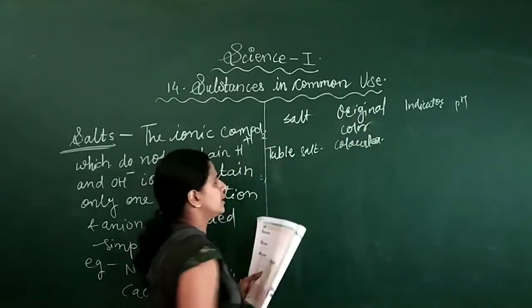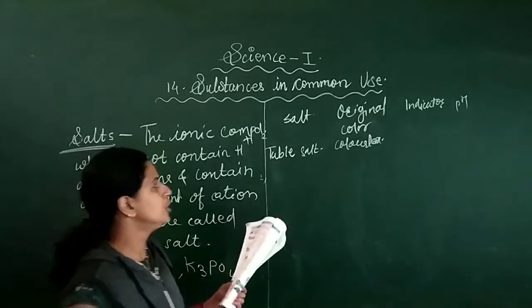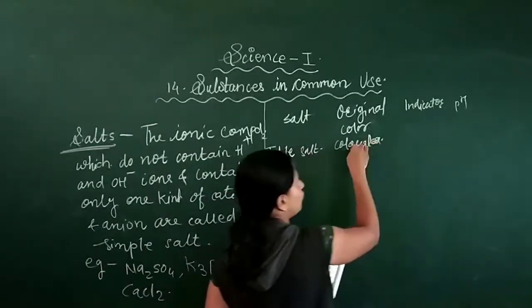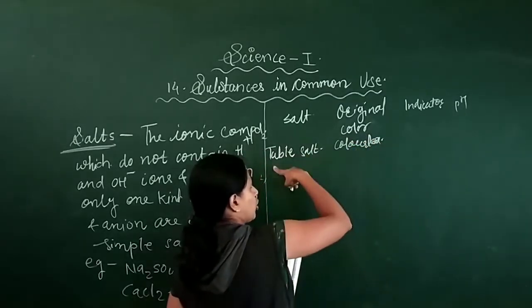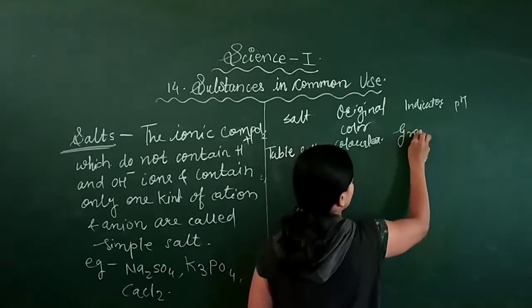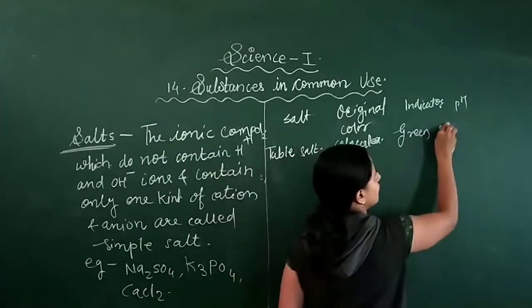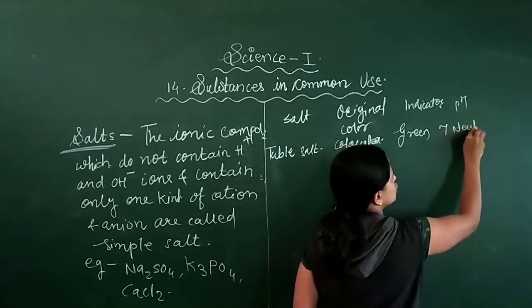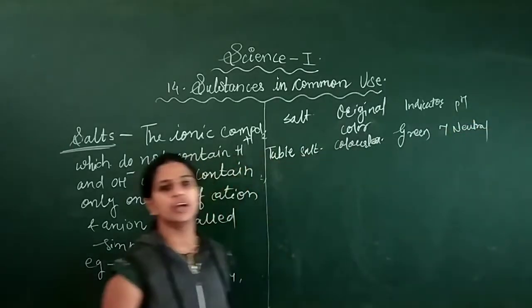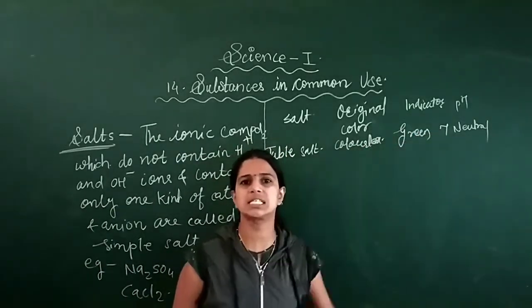Color on addition of universal indicator: when we put the universal indicator on this table salt, the color changes towards green. The pH value is 7, and for that reason it is neutral in nature.